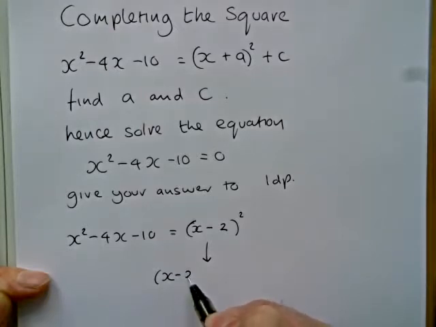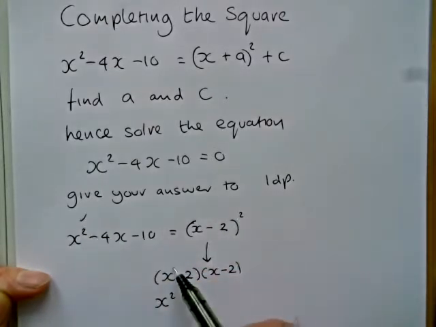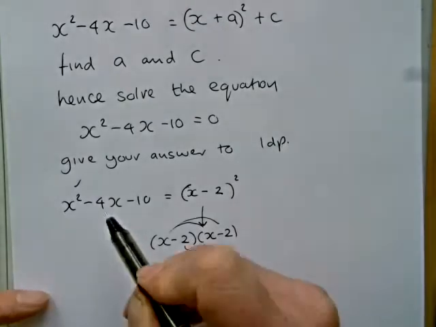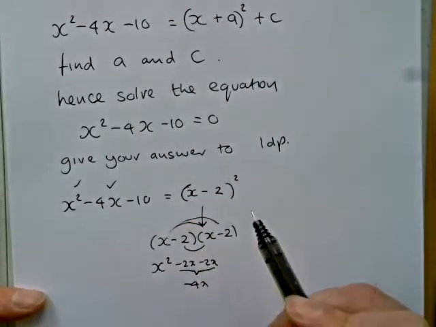So that means x minus 2 times x minus 2. Now x times x gives me x squared, which is what I want. And then I have x times minus 2, and a minus 2 times x, giving me minus 4x. So that gives me what I want. So this bit ensures that I get x squared and minus 4x.